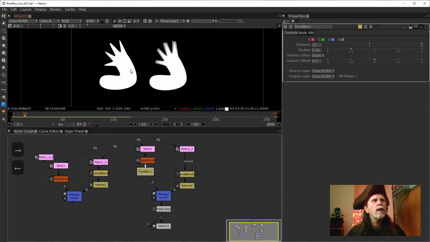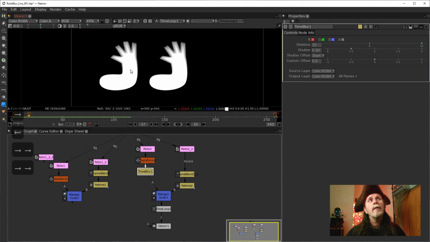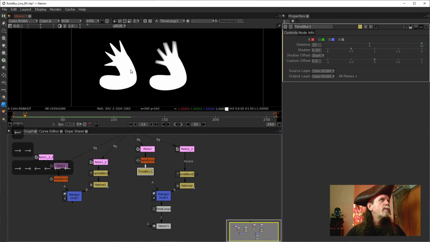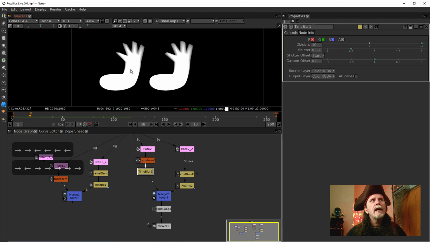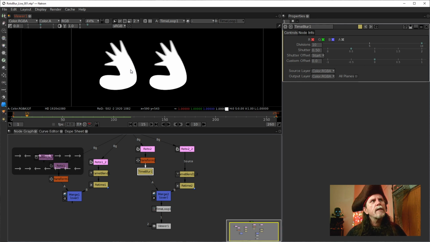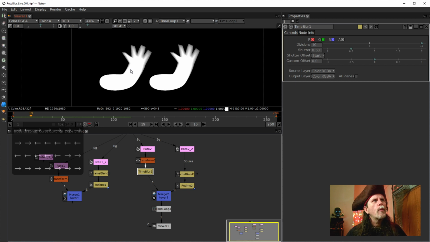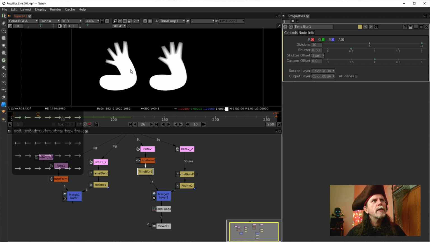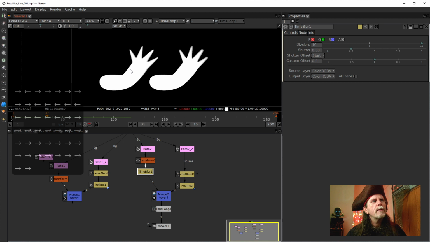That might indicate that it's just off by a frame, but whatever, it doesn't matter. The point is that we wind up with something that reads very similar, with a little bit more of a pause on the other one.